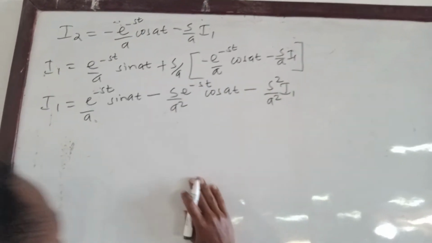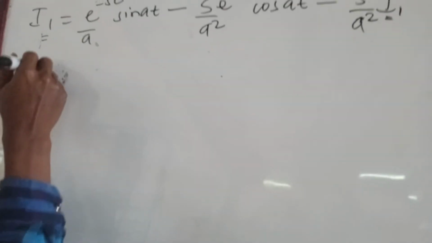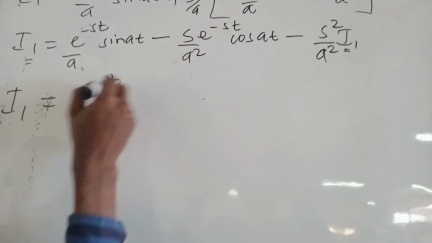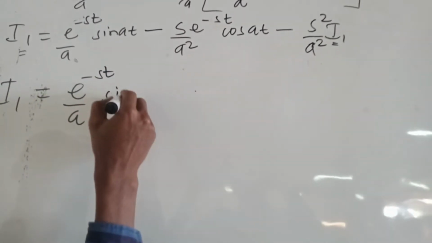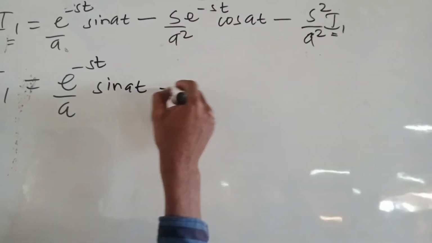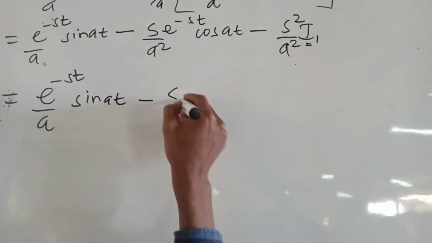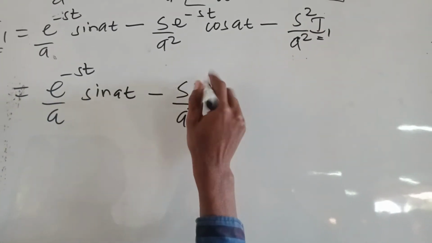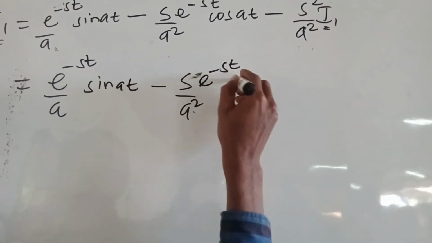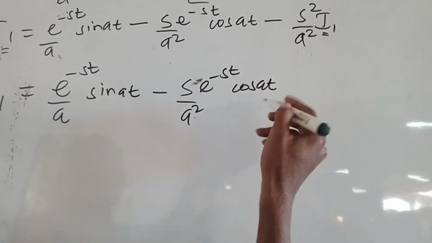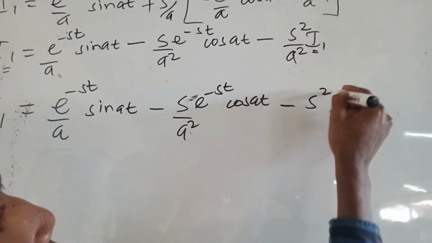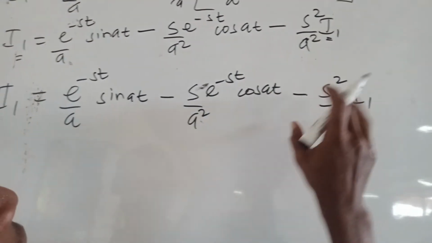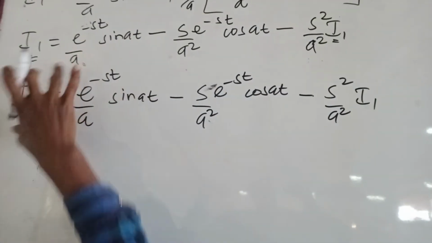I1. We have already opened the bracket. So I1, we say is equal to e minus st over a sine at minus s over a squared, minus, this is e minus st cos at minus s squared over a squared I1. So we bring this I1 to this side.